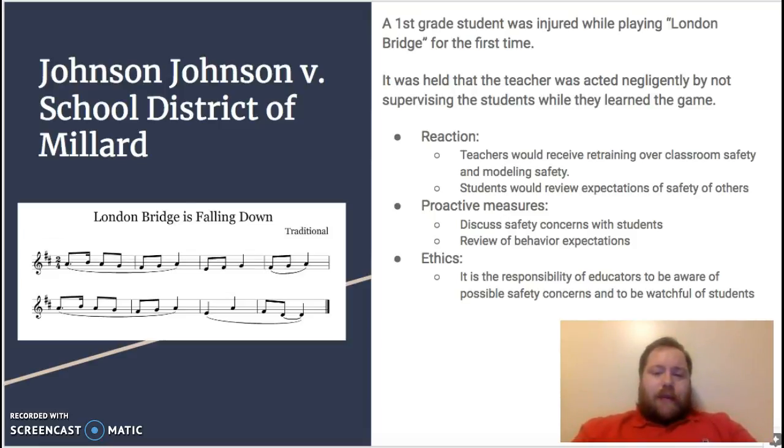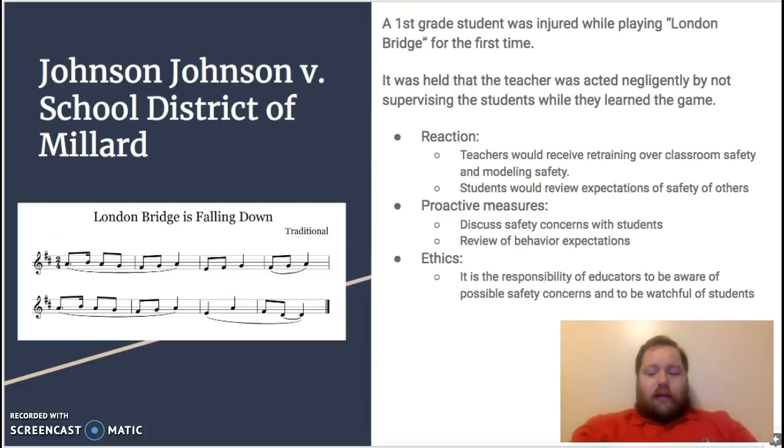The premise of the case was that the teacher was negligent by not providing enough supervision to the children, especially since this was the first time the students had ever played this game.